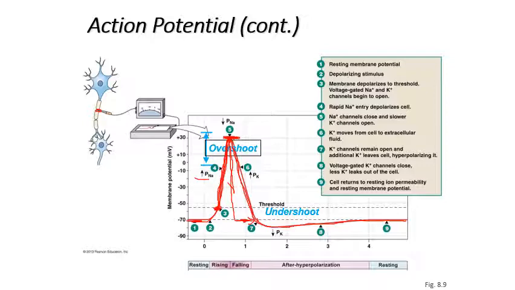When they are inactive, so when this potassium's coming down, the sodium channels cannot reopen. Then they get reset. When they are reset, we could have another action potential. So keep that in mind when we start looking at the refractory period.